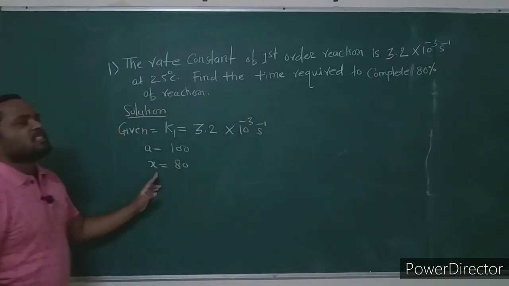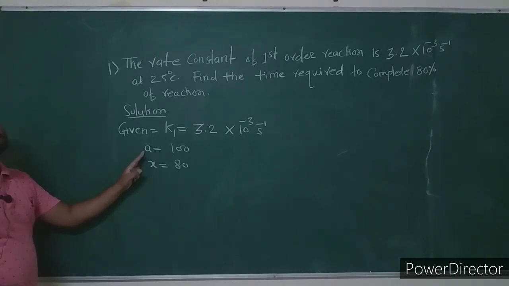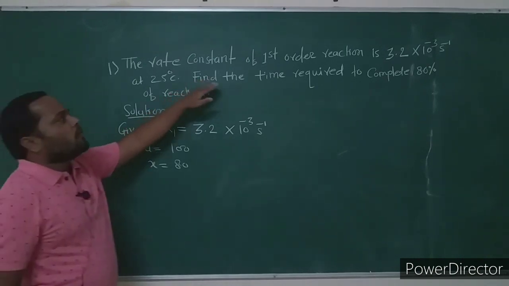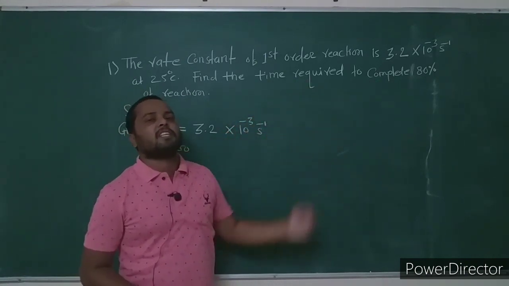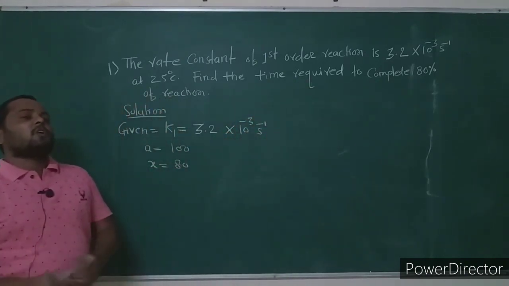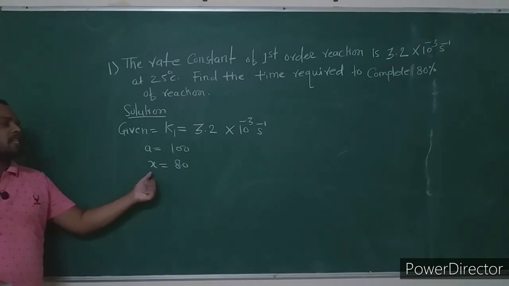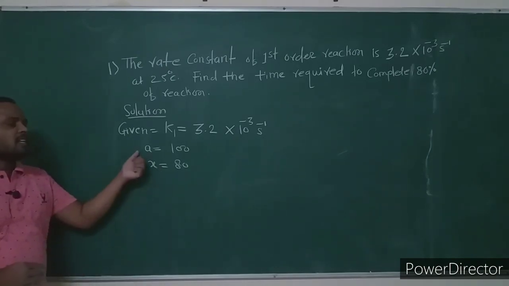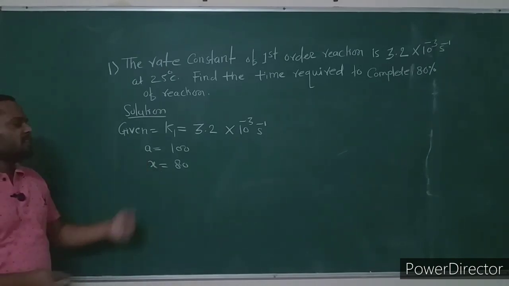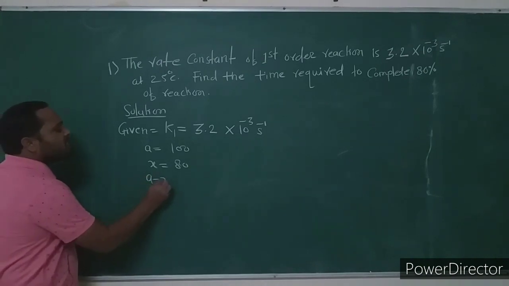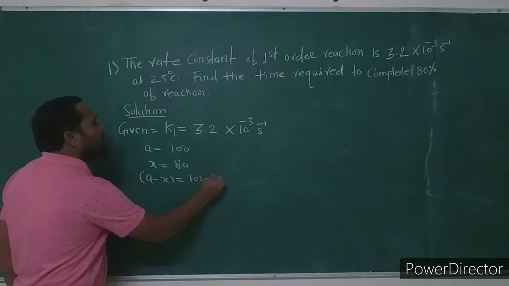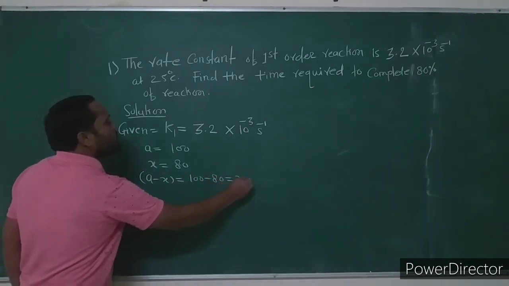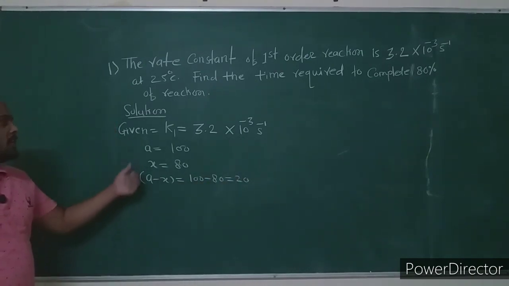The reactant concentration reacted is X, which is 80, and the initial concentration A is 100. A minus X is equal to 100 minus 80, which is equal to 20.